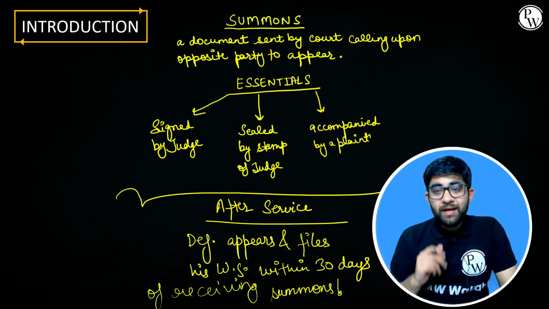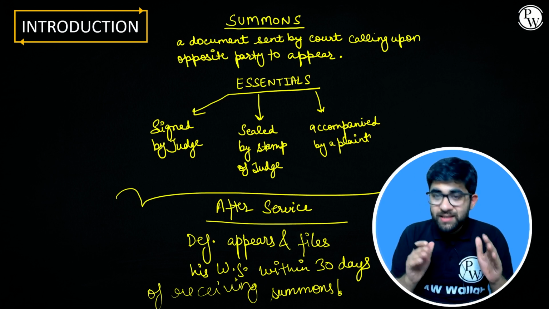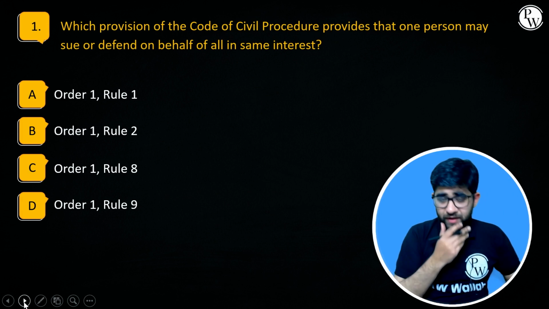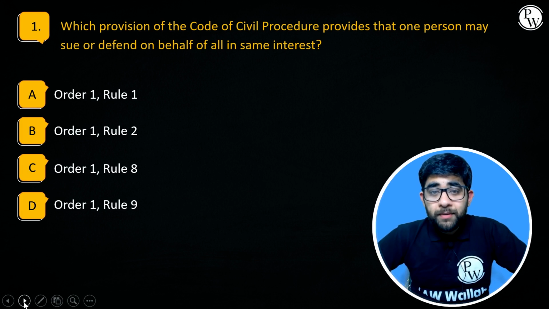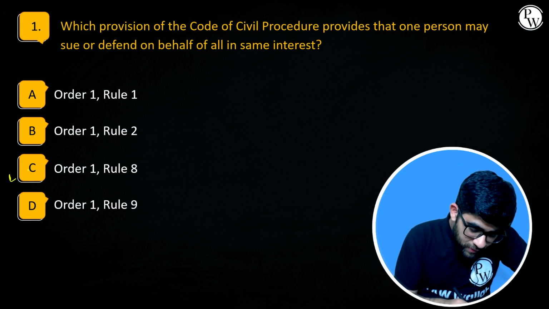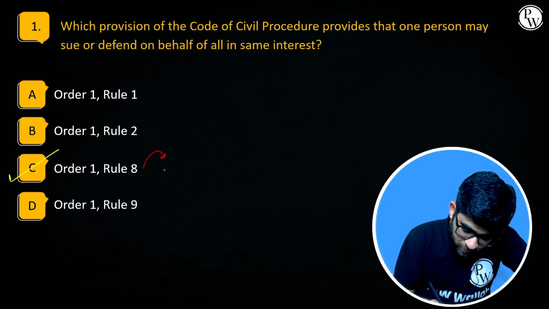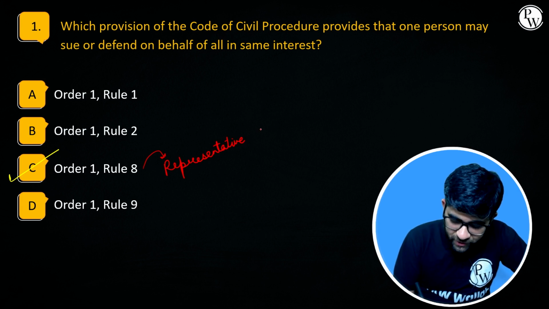Now I'll start with the MCQs and I will explain all the concepts which are remaining in these orders. MCQs. First, which provision of the Code of Civil Procedure provides that one person may sue or defend on behalf of all in the same interest? The answer to this is Order 1 Rule 8, that is talking about representative suit.